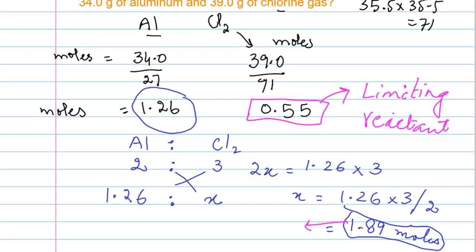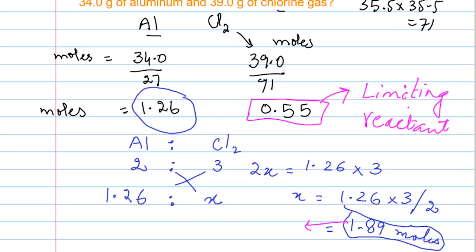Okay, now the limiting one is 0.55 moles of chlorine, and our required amount is 1.9.